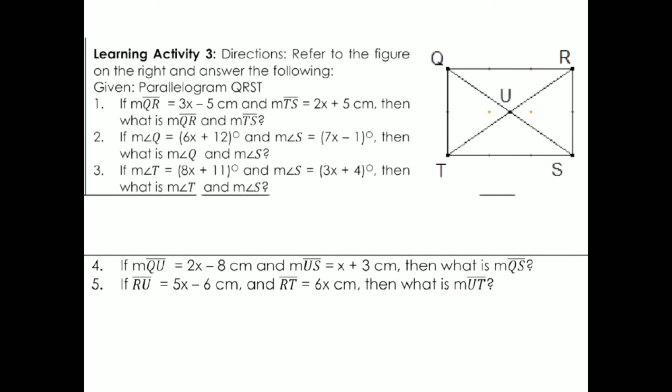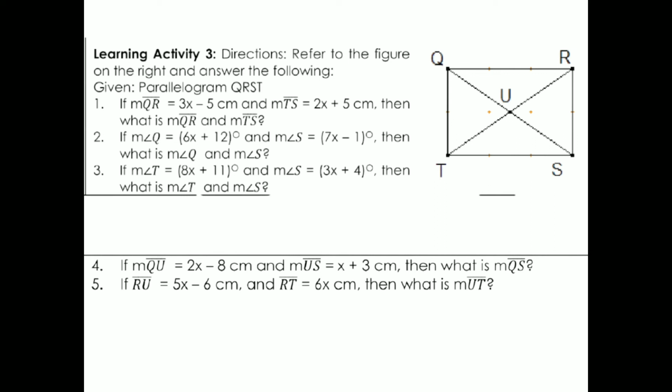So since sa properties ng parallelogram, opposite sides are congruent, so equate lang natin into equal. So magiging siyang 3x minus 5 cm is equal to 2x plus 5 cm. Then find the value of x. So ang x natin is magiging 10.